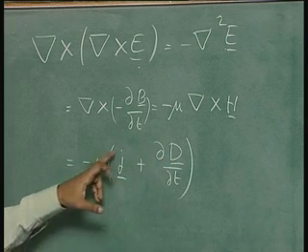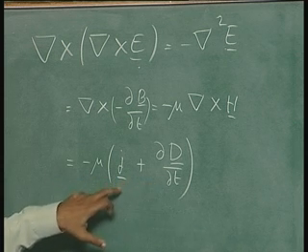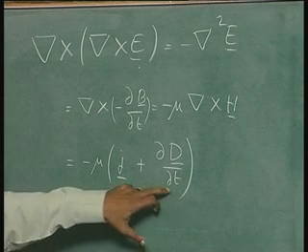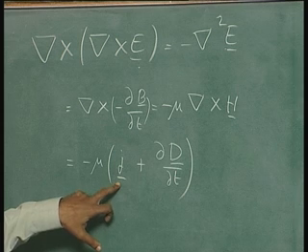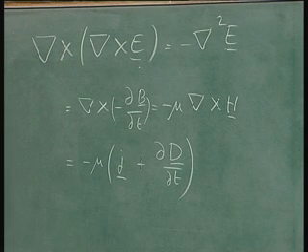In vacuum, I neglected this term. Now what we are going to do is we are going to keep both terms, and we are going to assume that this term is small compared to the other terms in the expression.